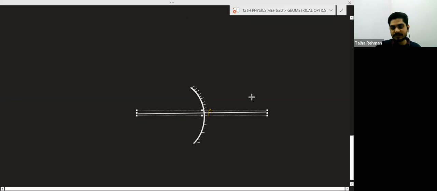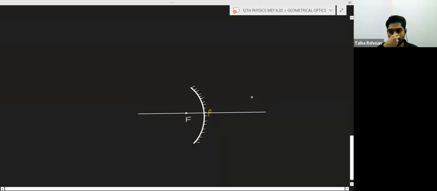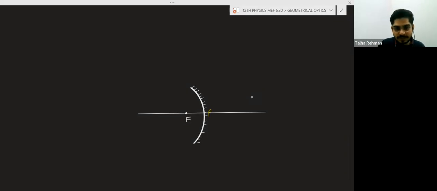This is a principal axis, and this is suppose focus. Oh, actually, I have not told you about the focal length. I will tell you later about the focal length. This is focus and this is the center of curvature. This is the center of curvature, this is focus and this is pole.